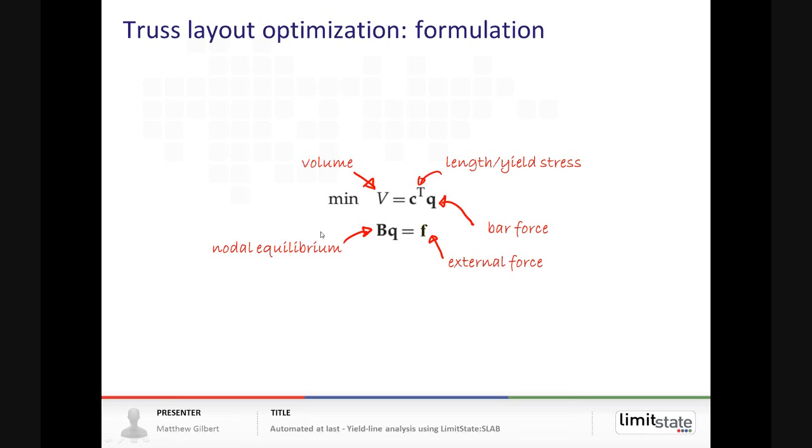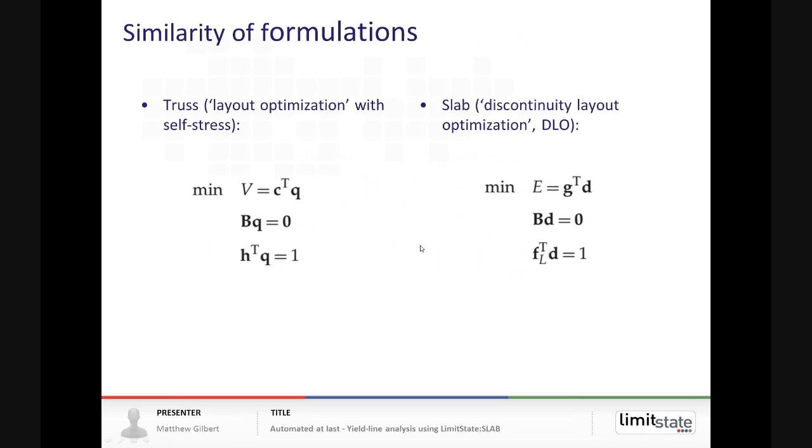In terms of constraints, the constraints that are involved in that formulation are nodal equilibrium constraints. So what we're simply doing is at every node making sure that we have equilibrium in the x direction and in the y direction. I mentioned that the self-stress formulation was actually slightly more akin to the slab problem.